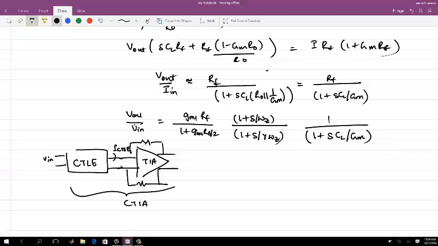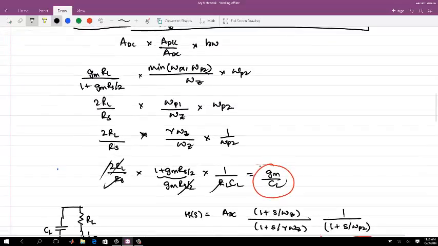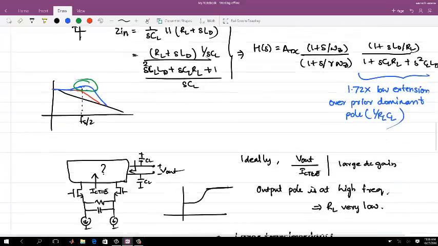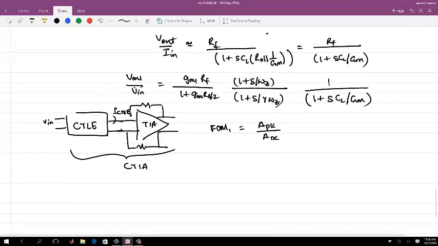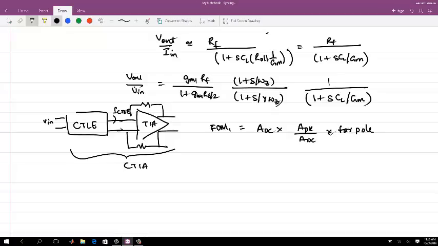So now if I write the same figure of merit as before, which was A peak by ADC, okay, and then the other parameter was, it's not A peak by ADC, it's ADC into, let me just, yeah, I got confused there. So you have ADC into A peak by ADC times the far pole. Same thing.